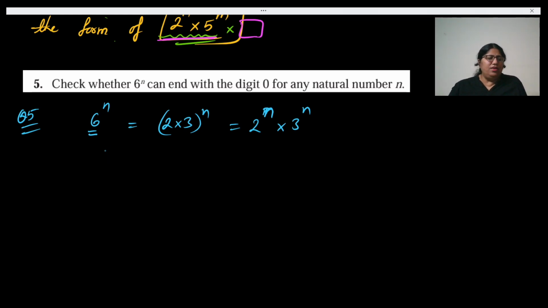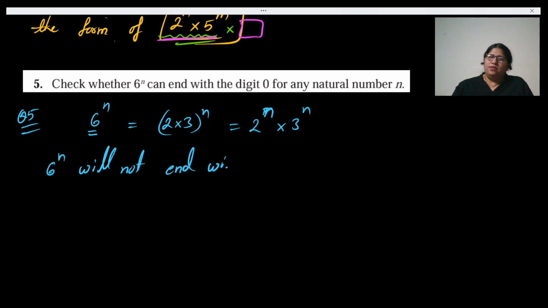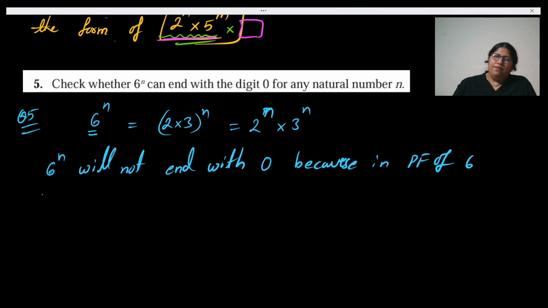So you must mention the reason here. 6 to the power n will not end with 0 because in the prime factorization of 6, 5 is not a factor, right?